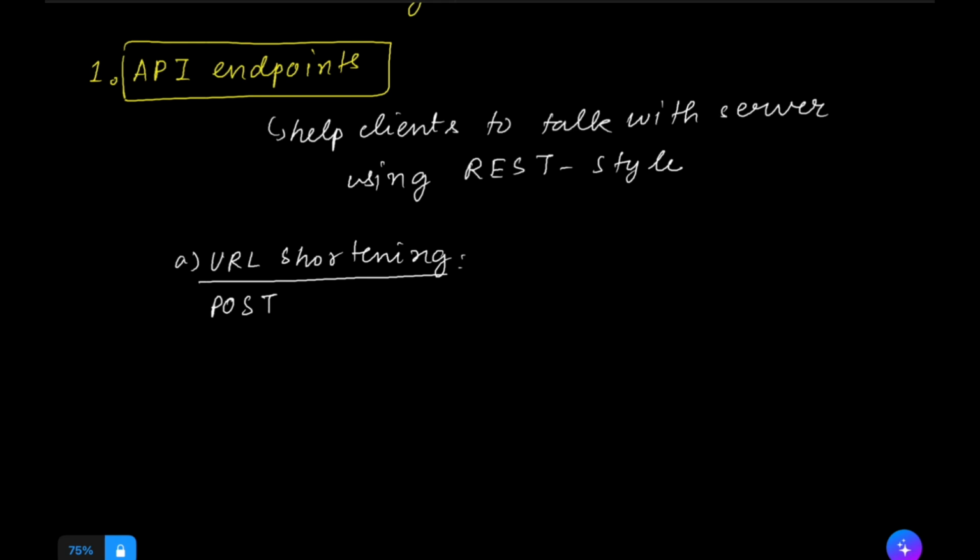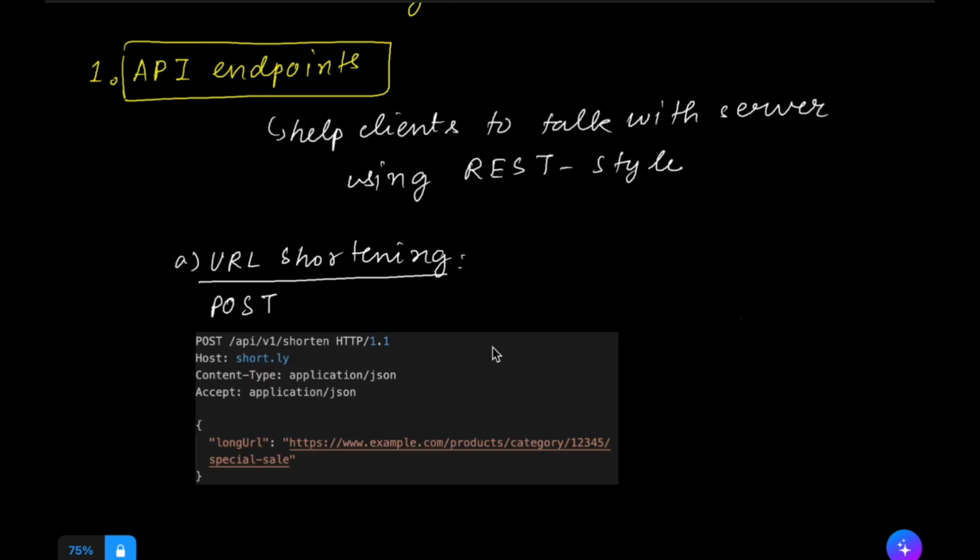Let's see an example. As you can see here, this is a POST API request which the client sends to the URL shortening service server, and this is the host which the client connects to, and this is the long URL which needs to be shortened.